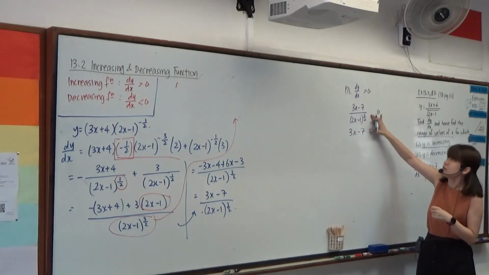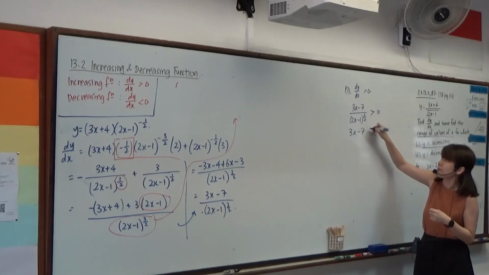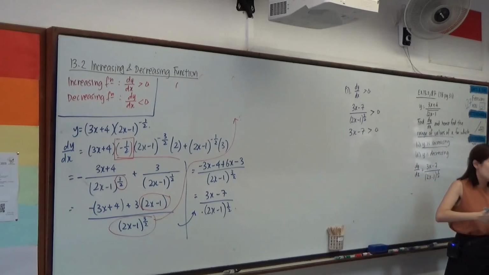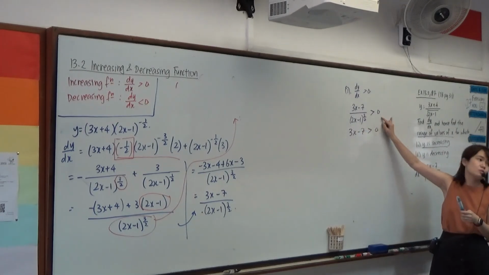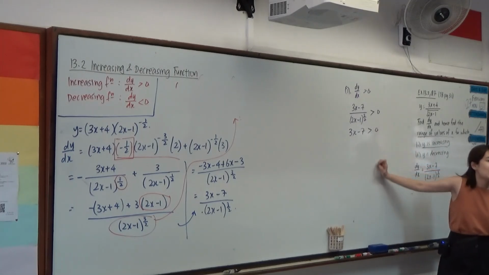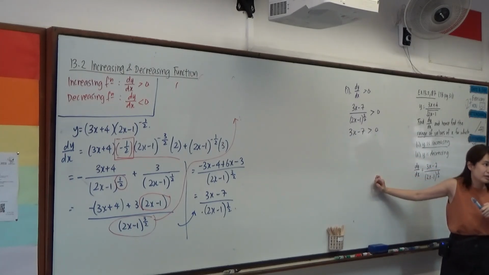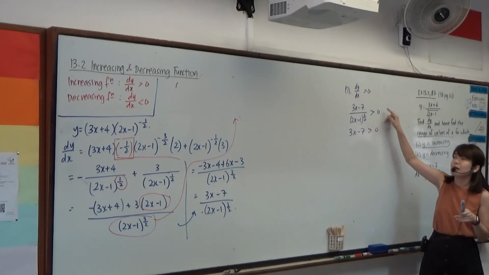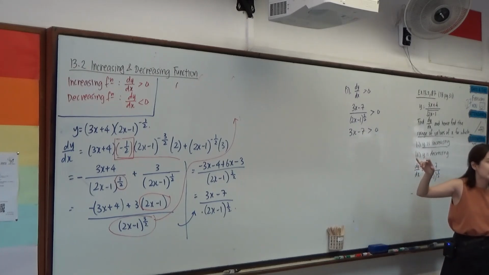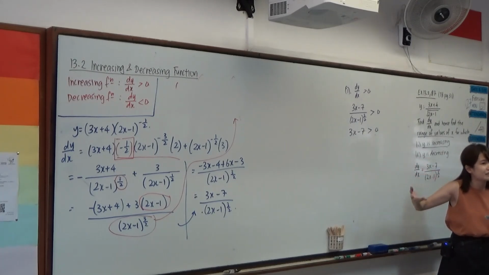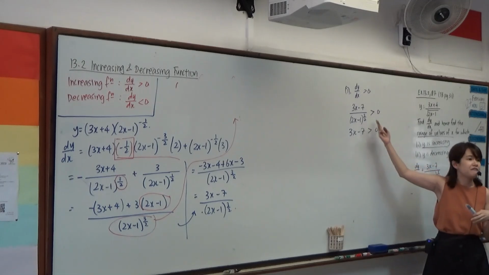But when it comes to an inequality, I cannot happily multiply this to the right hand side, because our inequality rules state that I can only multiply or divide a number, because if I multiply a negative number, my inequality flips.